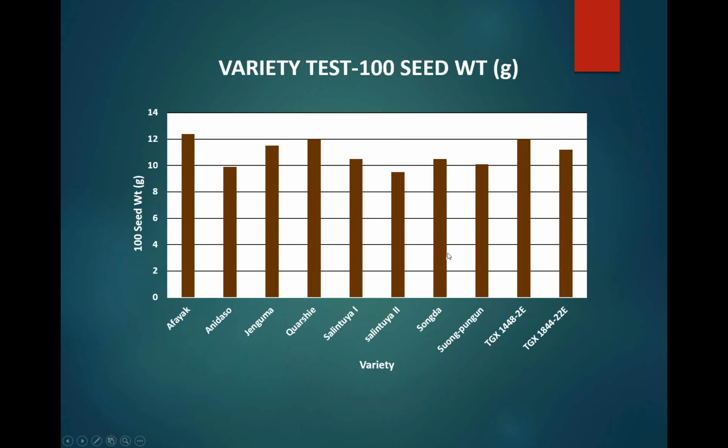For 100 seed weight, I had Afayak above 12 grams per 100 seeds, and the lowest coming from 722, slightly around 9 grams per 100 seeds.